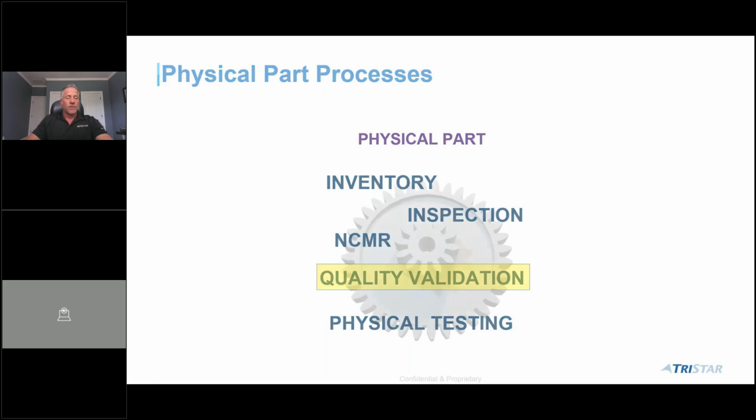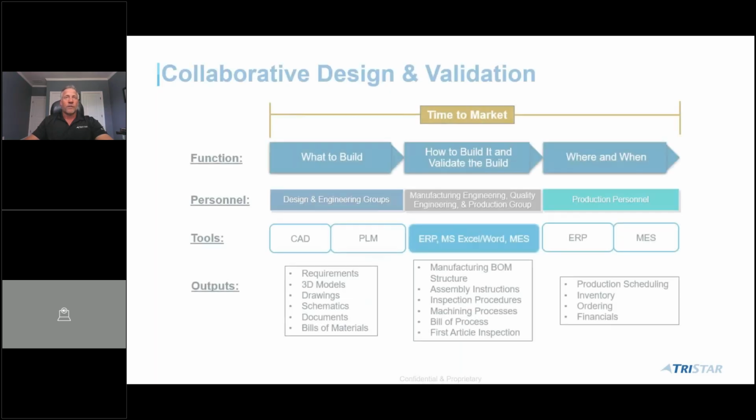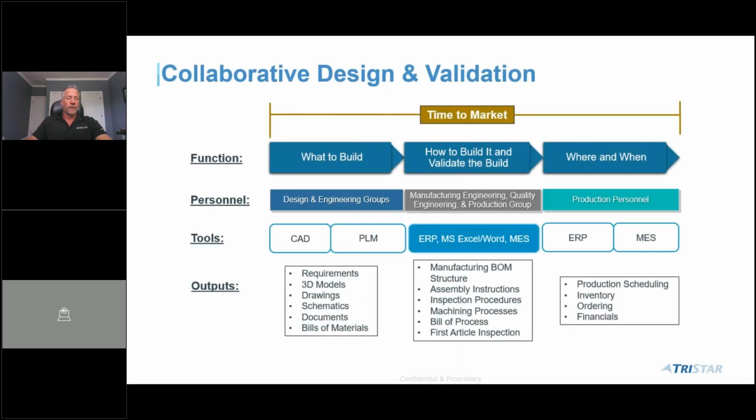Okay. So for today, we're going to go through quality validation. And so from a quality validation perspective, it's when do you start doing that quality validation? So depending on the process that you employ, right, first article or PPAP, that will help start dictating when you start these activities.